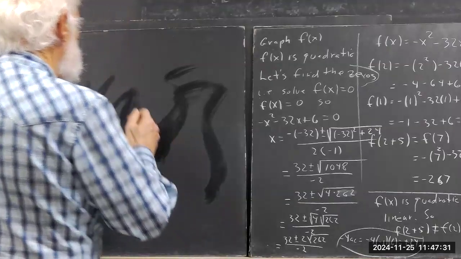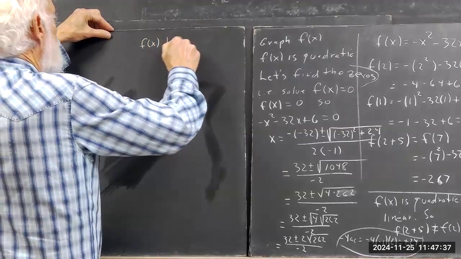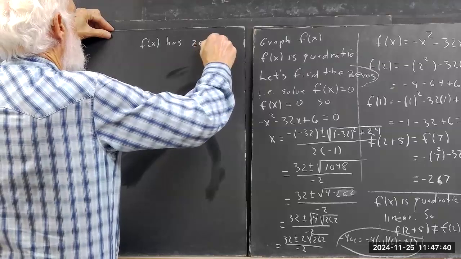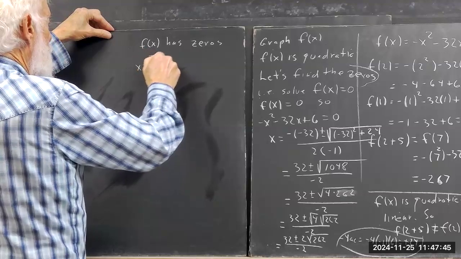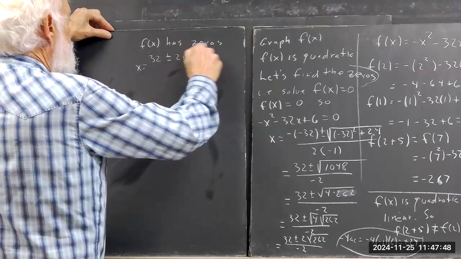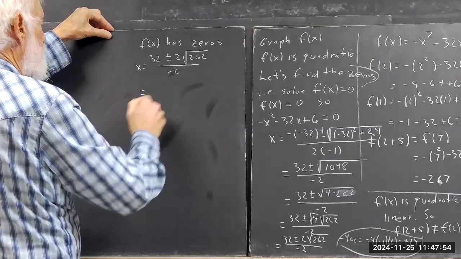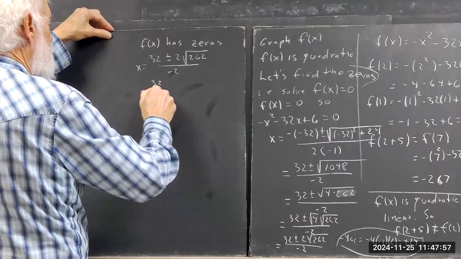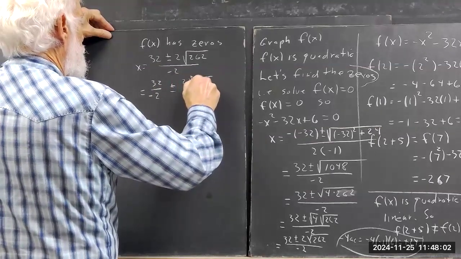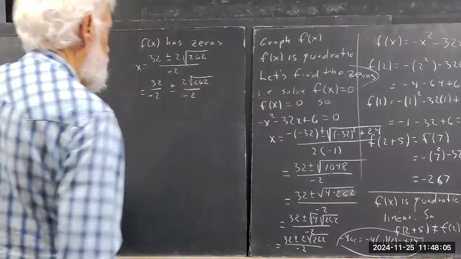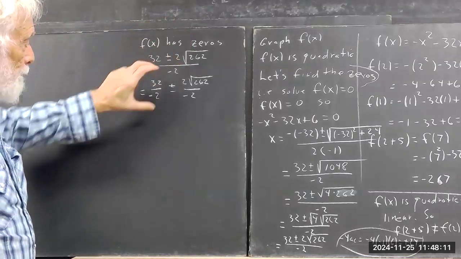Now the distributive law tells us that this is equal to this.